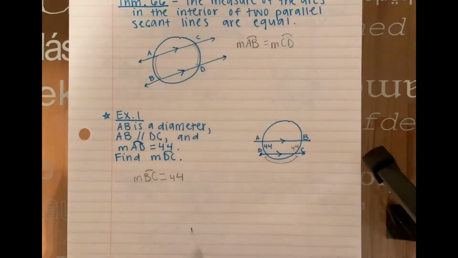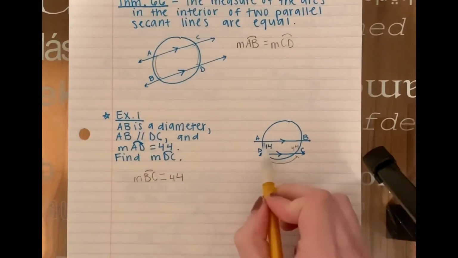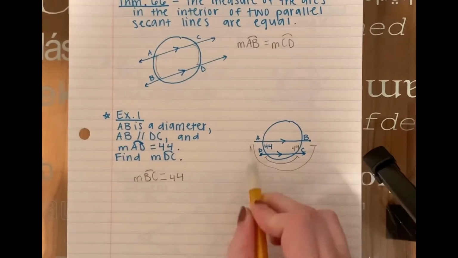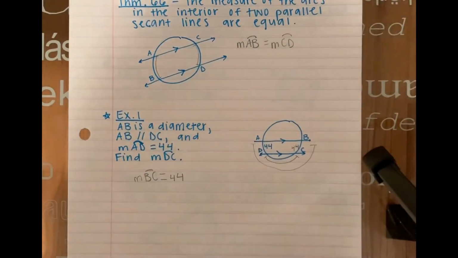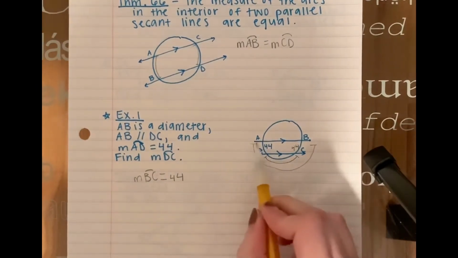But the piece of information we haven't used yet is that AB is a diameter. So if AB is a diameter, what does that mean? That this whole half of the circle, what's the measure of that arc? If you said 180, you'd be correct. So the measure of AB all the way around has to be 180.